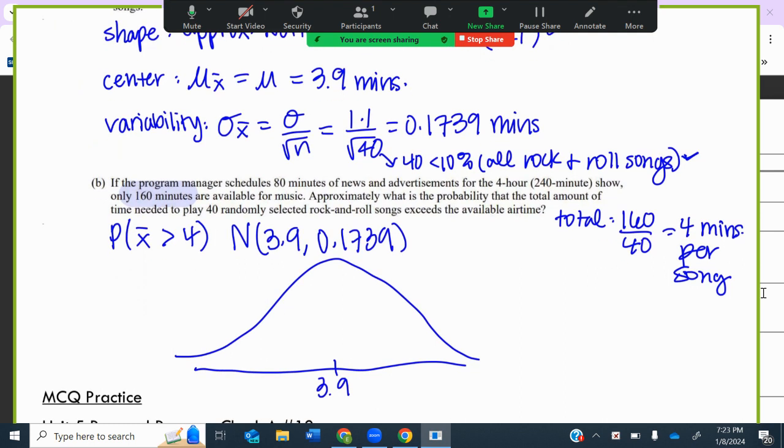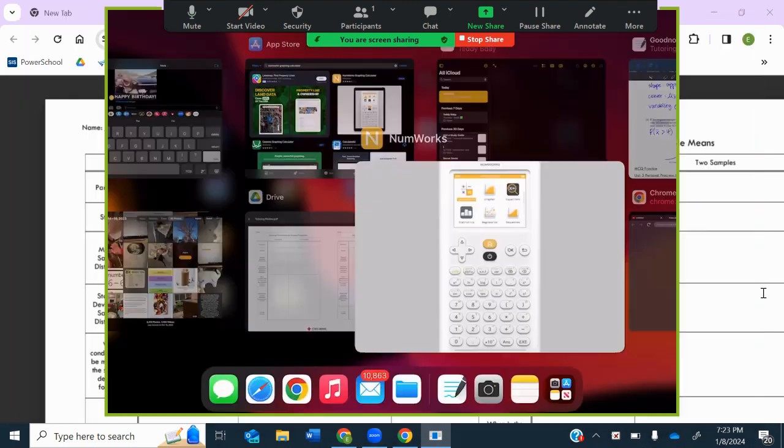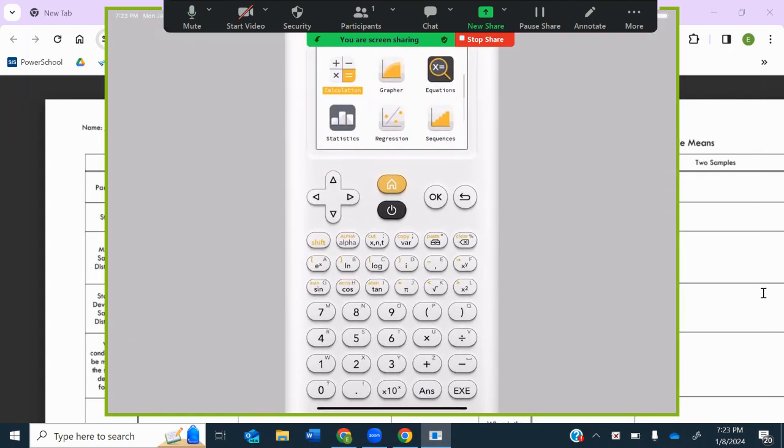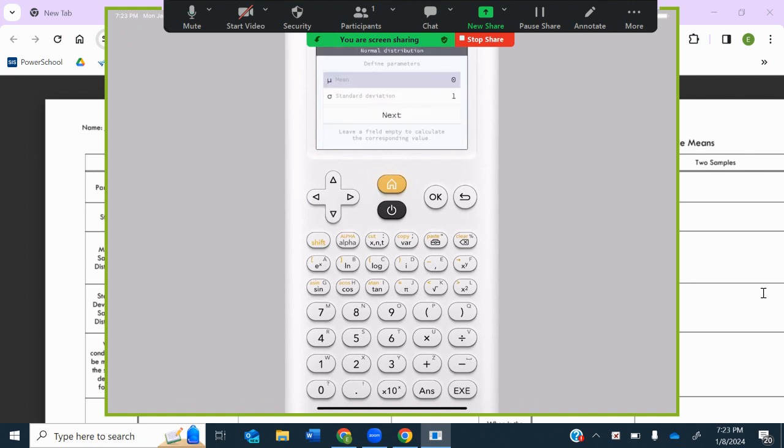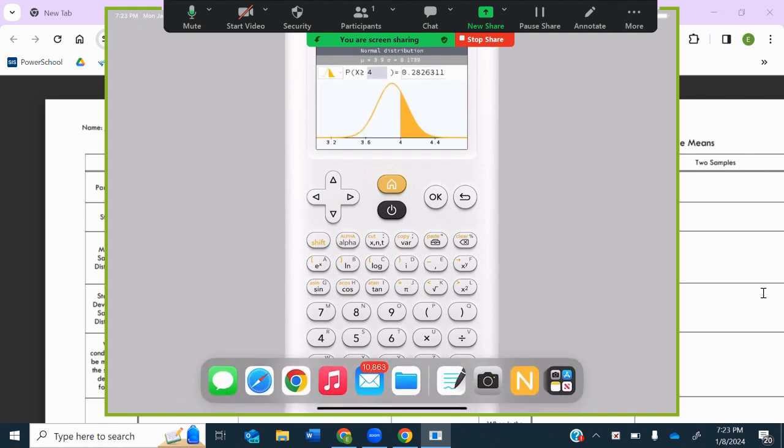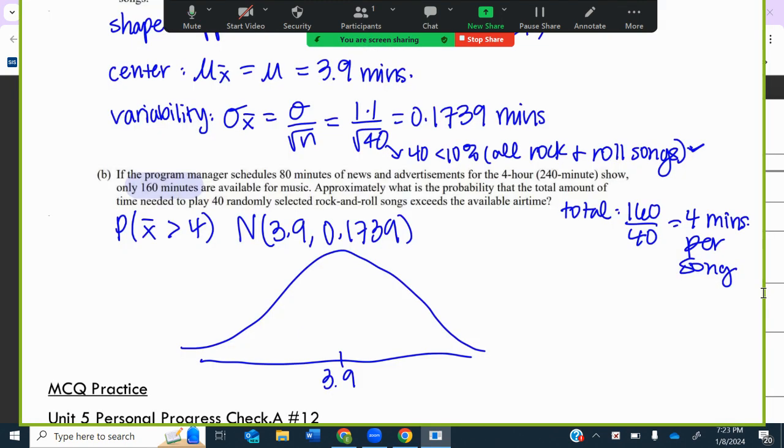Let's see if I can get that pulled up. There we go. Distributions. Normal, 3.9, 0.1739. Next, and then we want to exceed, so we're going to do greater than 4, and we get 0.2826. Remember, let the calculator show you how you want to draw that.